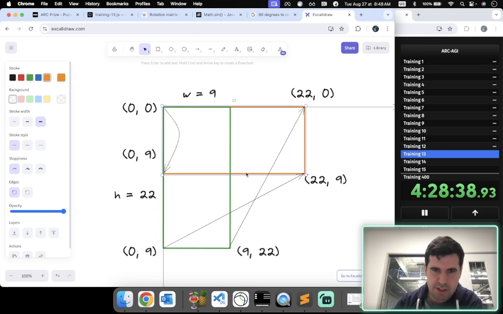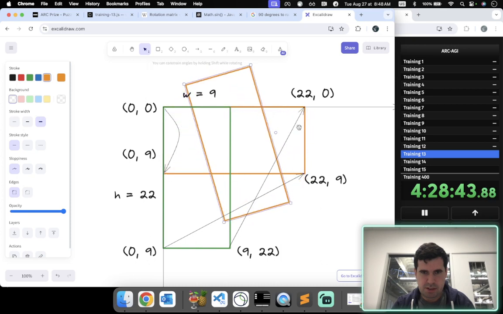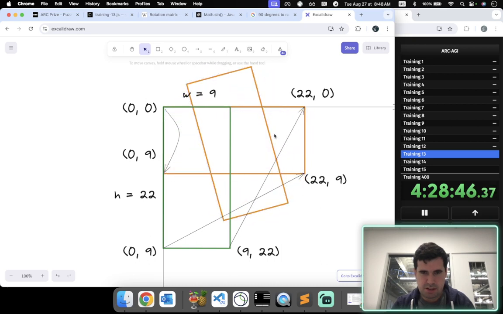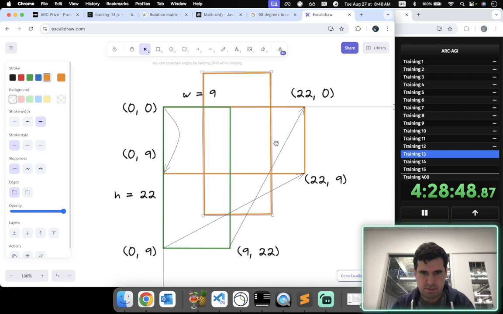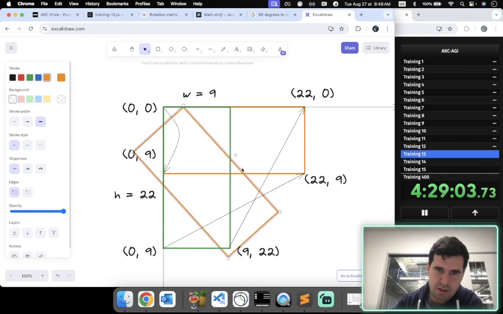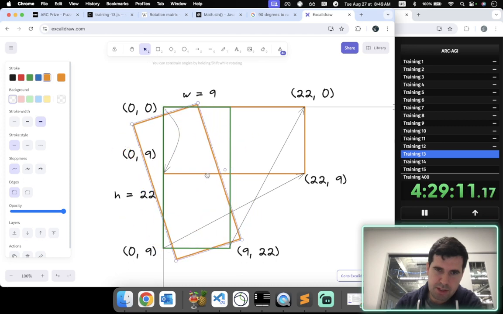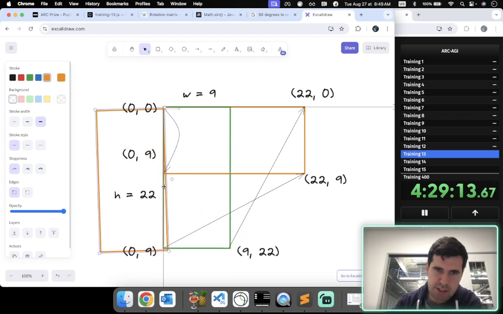So now if I rotate this one back like this, so now 0, 0. Okay. So this is like this. Now I keep rotating, so it should rotate like this.